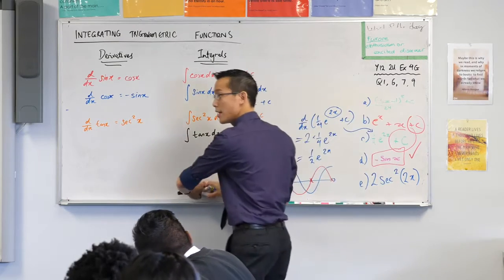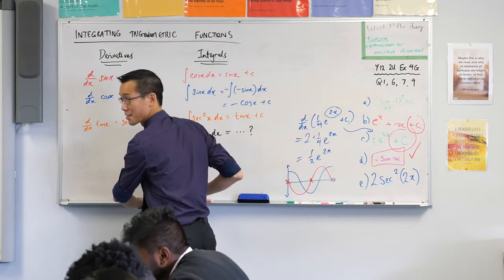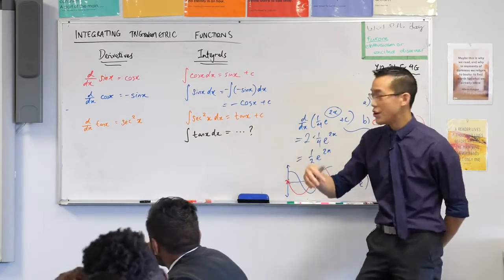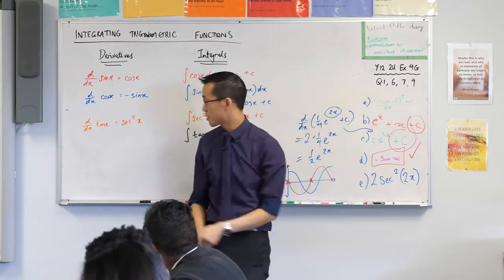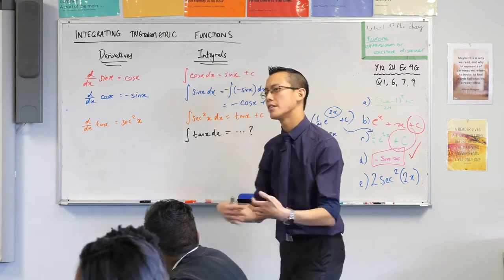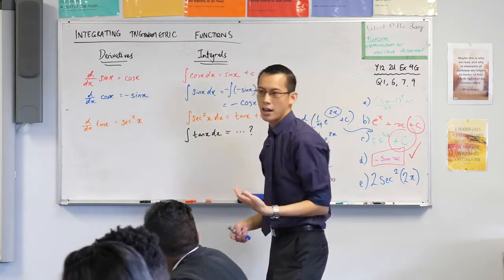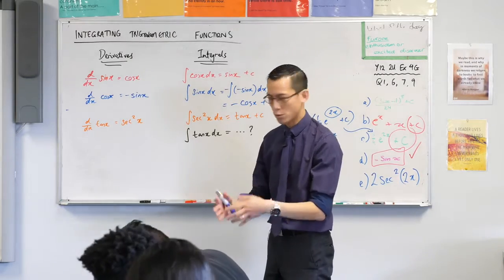All right, now the only thing, Mrs. Lees, were you going to add something? The only thing I'm going to add to this before we actually get started on having a go at these is that all of these are kind of like the vanilla version of the trig functions. None of them involve any chain rule, right?